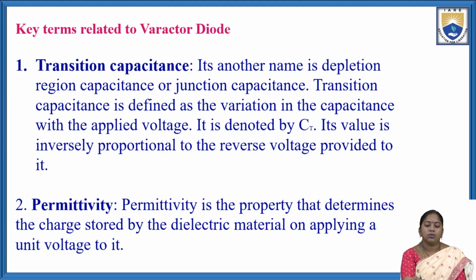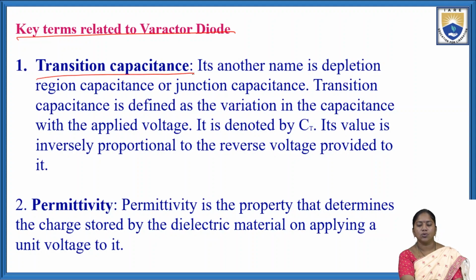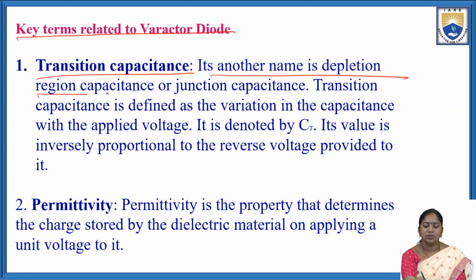Key terms related to the varactor diode. First one is the transition capacitance. Another name for the transition capacitance is depletion region capacitance or junction capacitance.